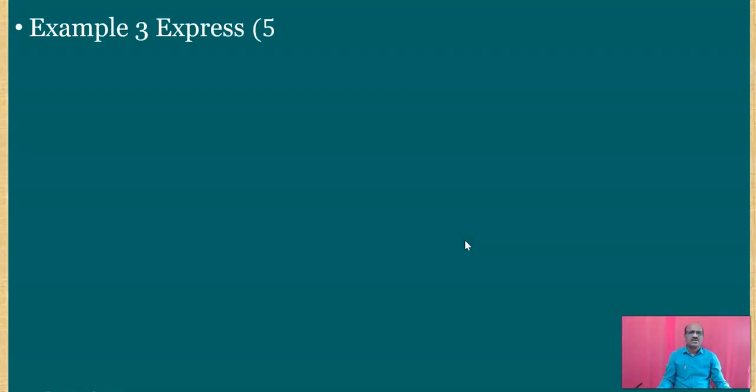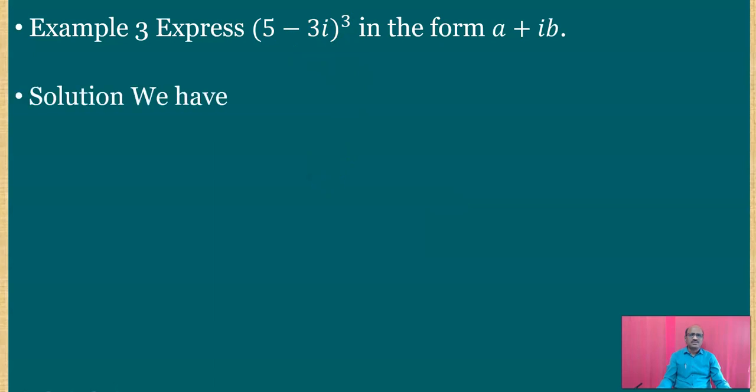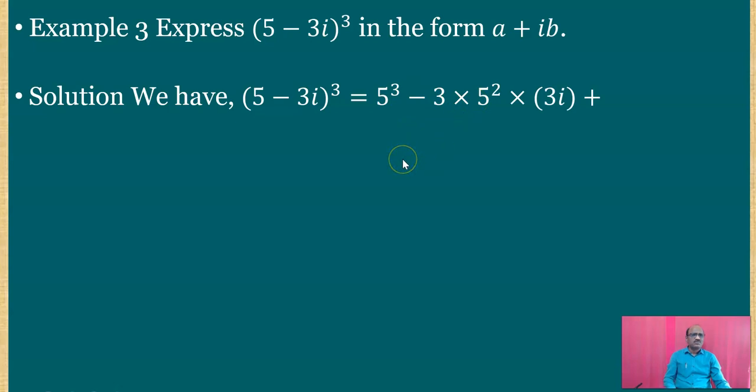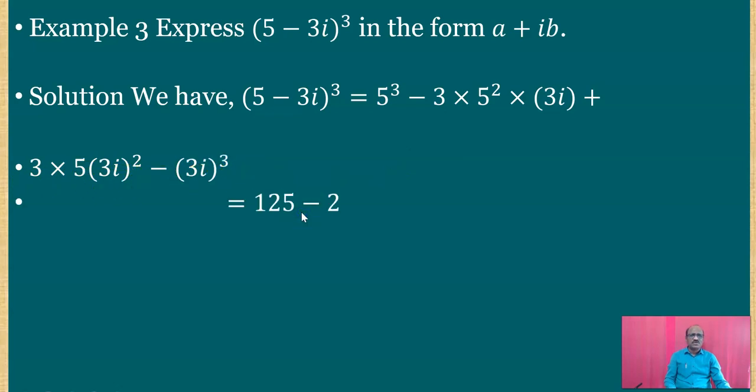Now the next example. Express (5 - 3i)³ in the form a + ib. Now we'll expand by using the formula (a - b)³. 5³ - 3 into 5² into 3i + 3 into 5 into (3i)² - (3i)³. Therefore 5³ means 125. The next simplification is 225i, and the next is -135, since i² is -1 and overall you will get a minus term there.